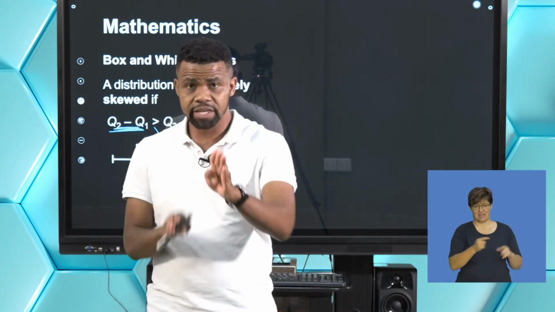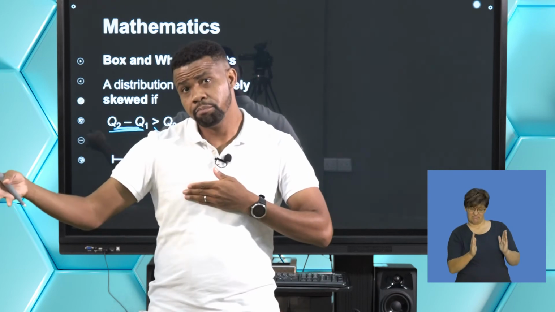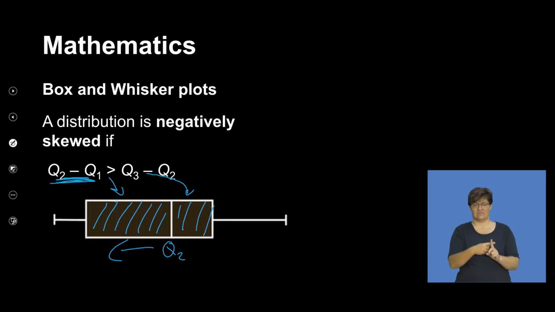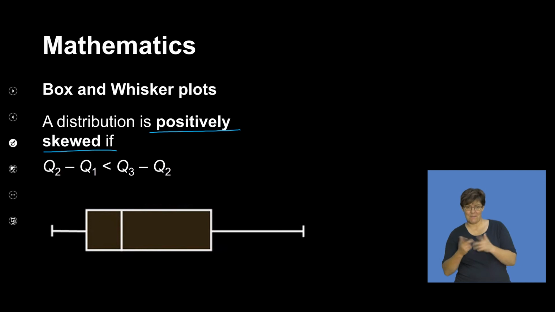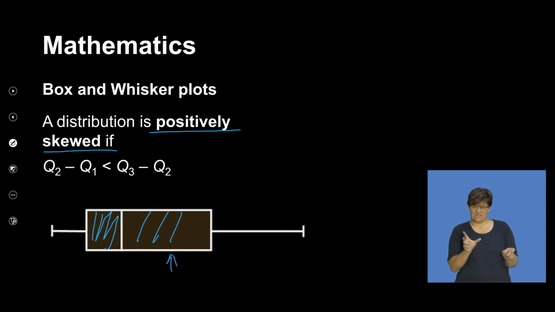Now let's look at positive skewness. If this part is smaller than that part, then it is positively skewed. That is, if Q2 minus Q1 is smaller than Q3 minus Q2, we can say it is skewed.